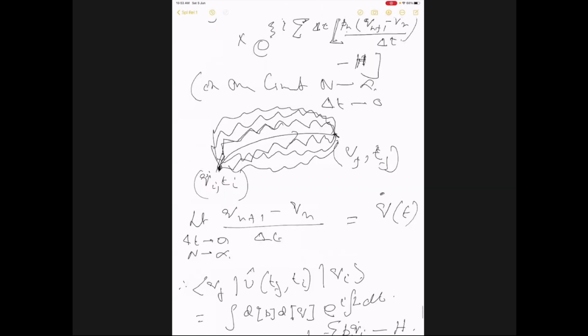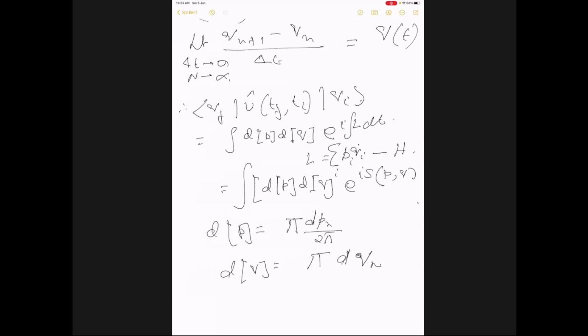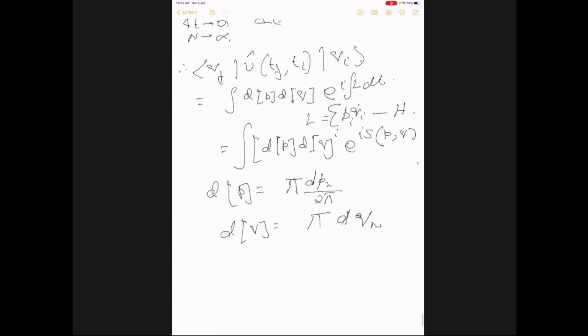So I have written this in the following way. So this means I have all these integrals. There are so many integrals. You can see there are n number of degrees of freedom, so n plus n, 2n integrals are there.